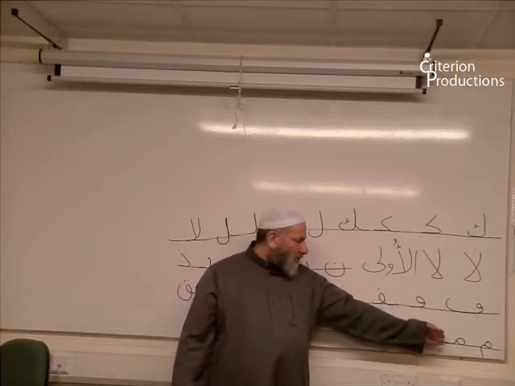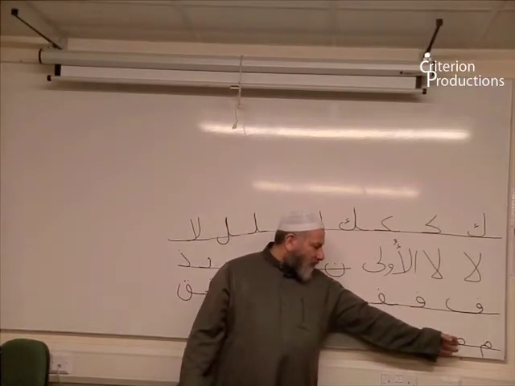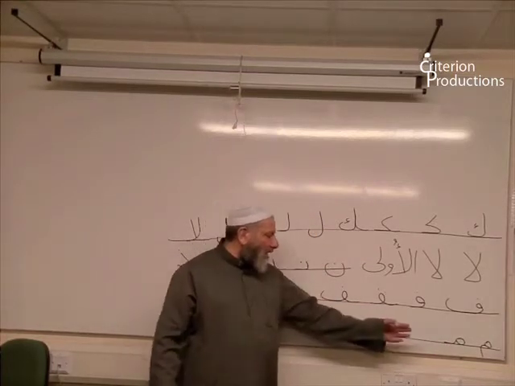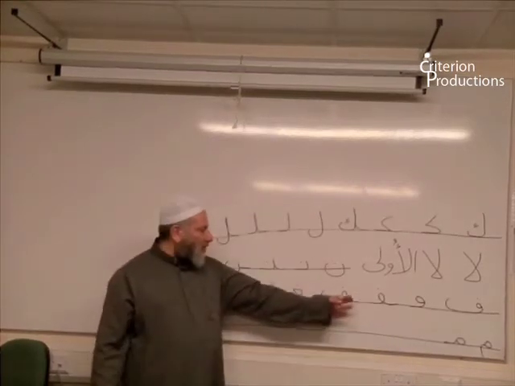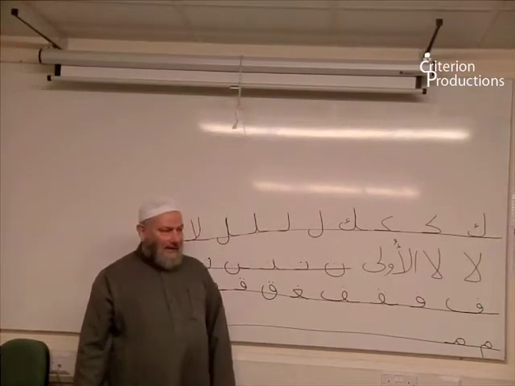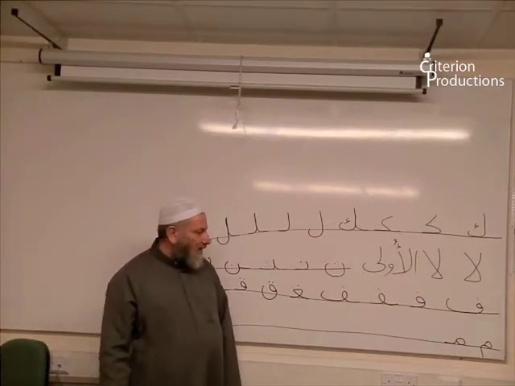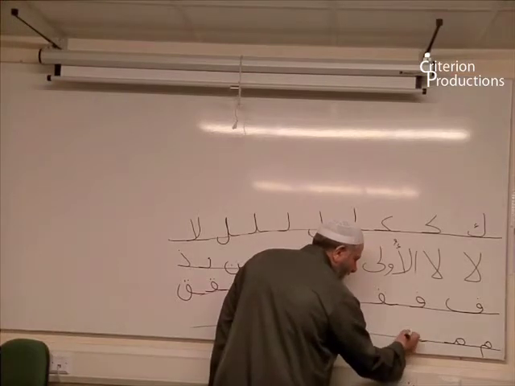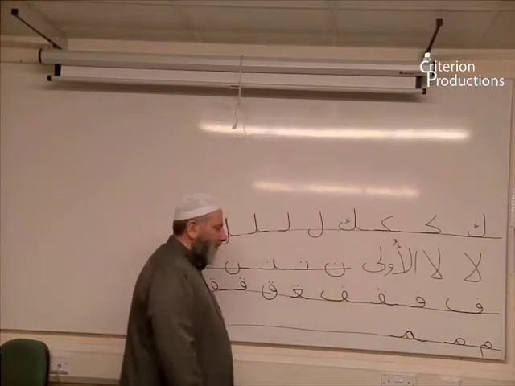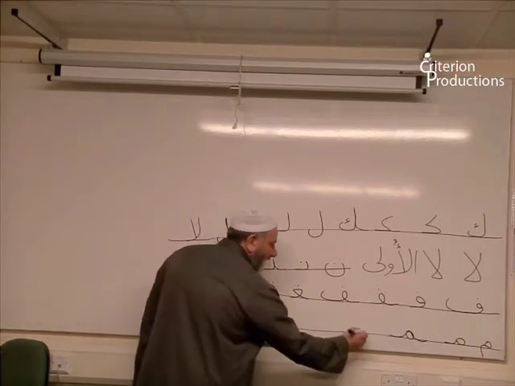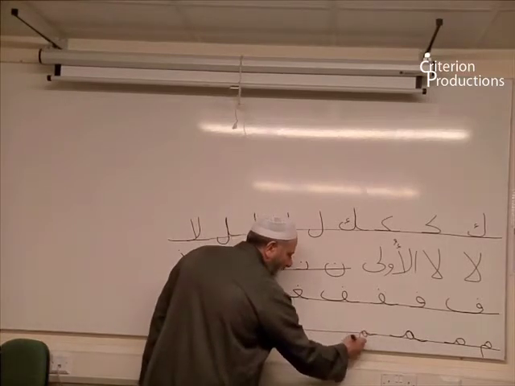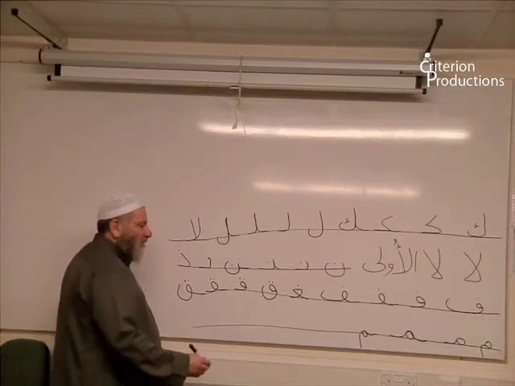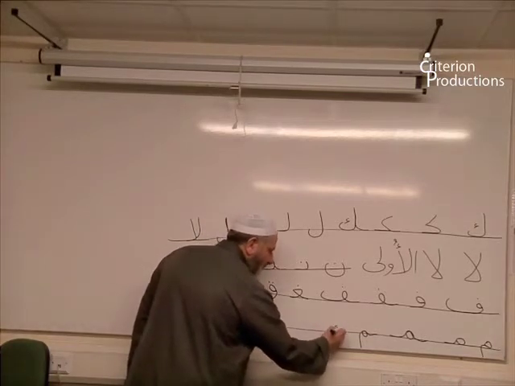So the circle will be in this shape, and this is why it is important to do it like this, because it will not be like the fa. Okay. And in the middle, and at the end like this.